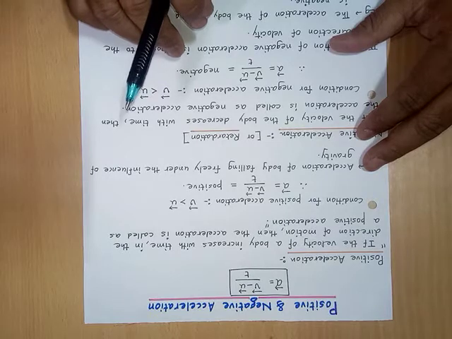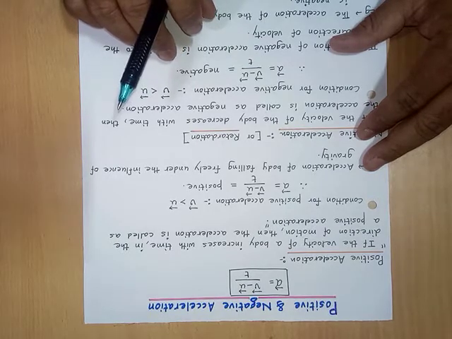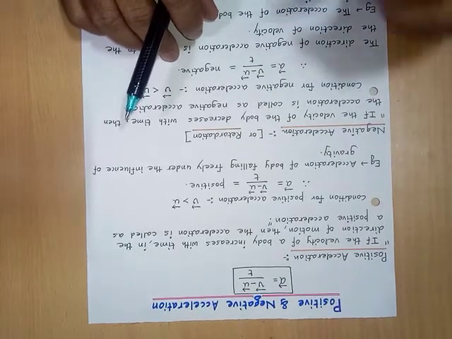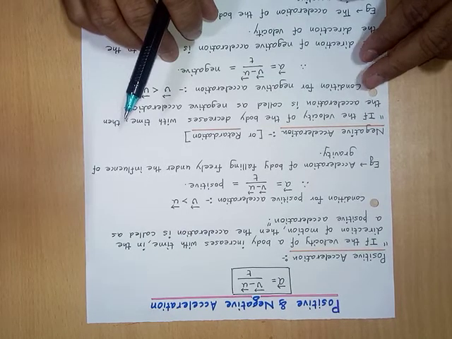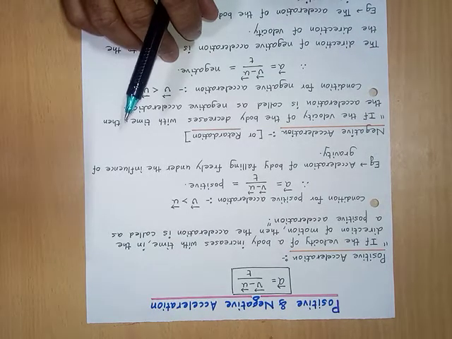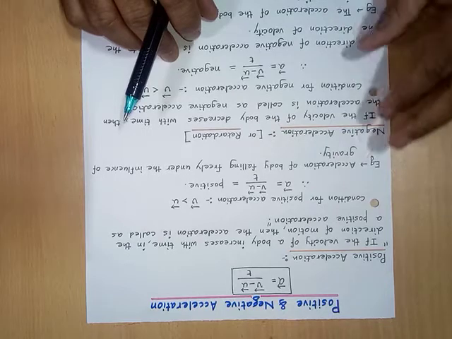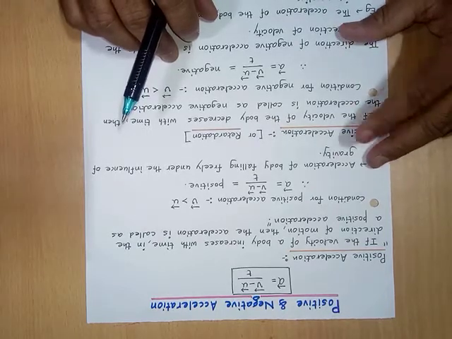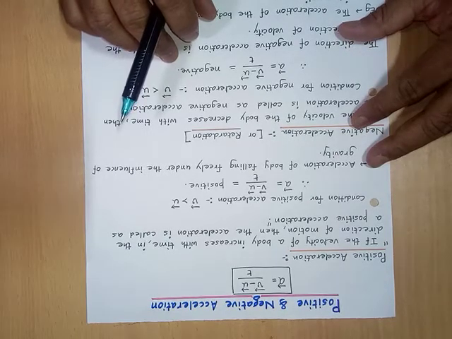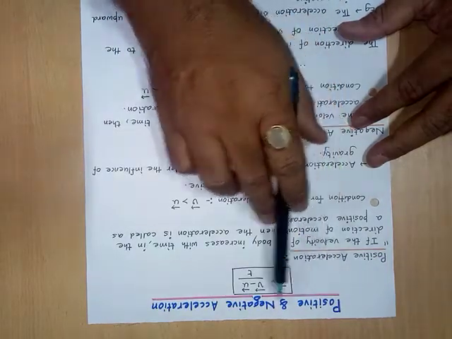While discussing the concept of acceleration, we have studied that acceleration is a vector quantity, and since acceleration is a vector quantity, it needs the direction to represent the acceleration quantity completely. Now, what is the significance of positive and negative acceleration?